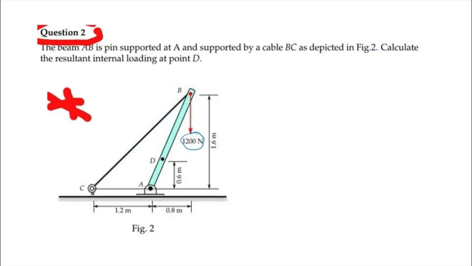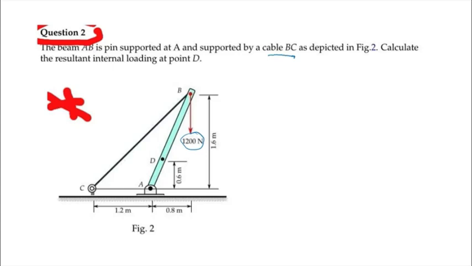the pin. It's not directly connected to component AB, but rather through a device, which is normally a pin or some sort of pin joint. So we have cable BC, and a cable is a flexible element.